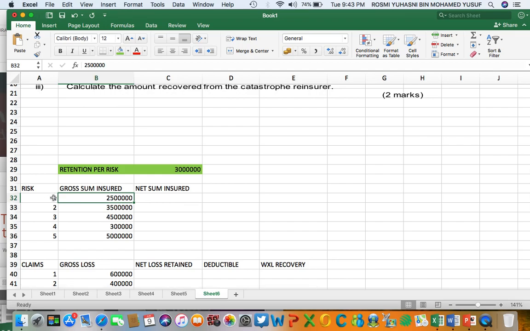For example, for risk number one, a gross sum insured of 2.5 million, knowing that insurer can retain up to 3 million, they will also retain up to 2.5 million, meaning that they are retaining 100% of the risk.